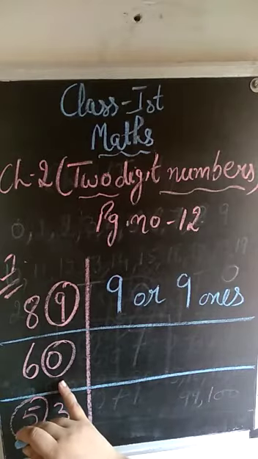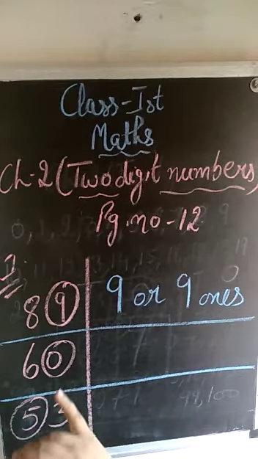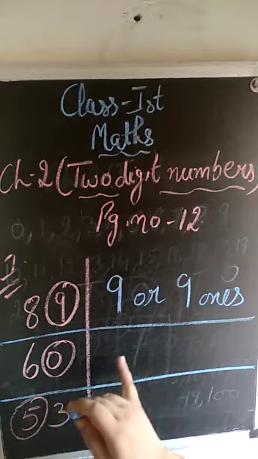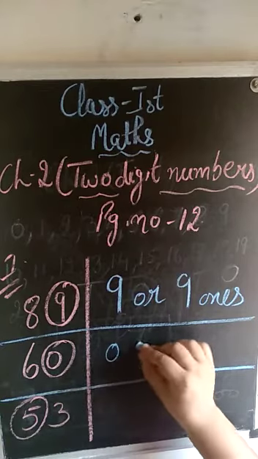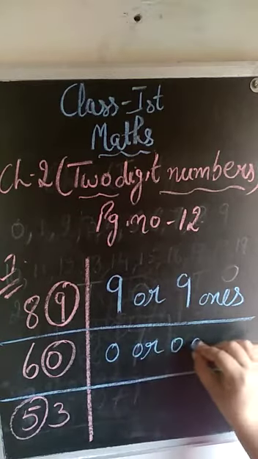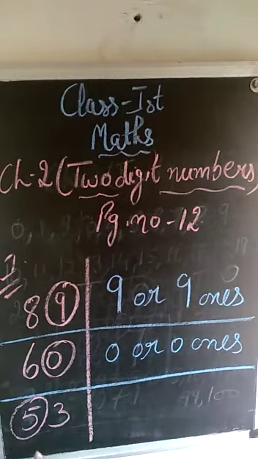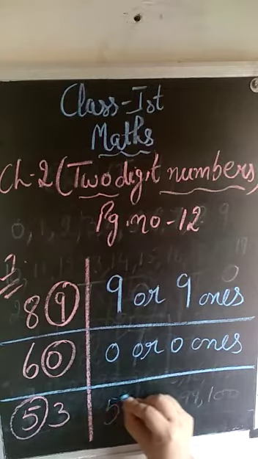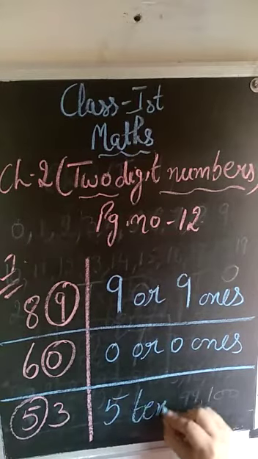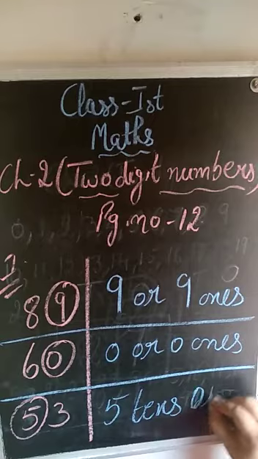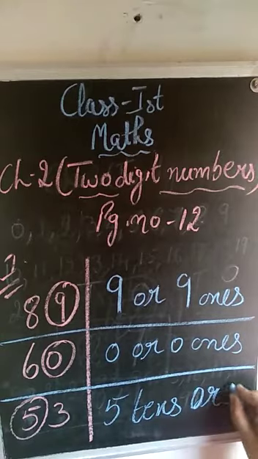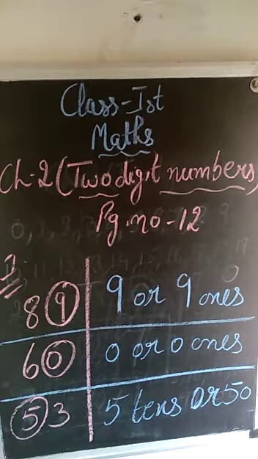But here 0, again it is at the ones place, so its value will be 0 or 0 ones. 53, now its value is 5 tens, or because it is at the tens place, its value will be 50.